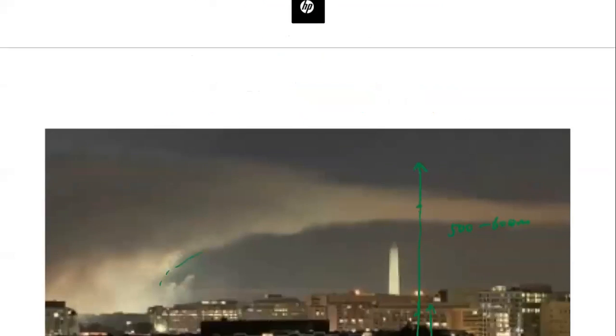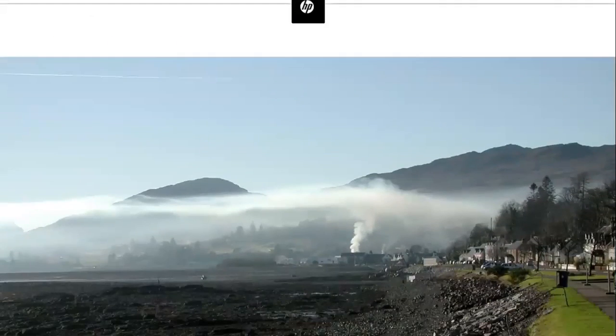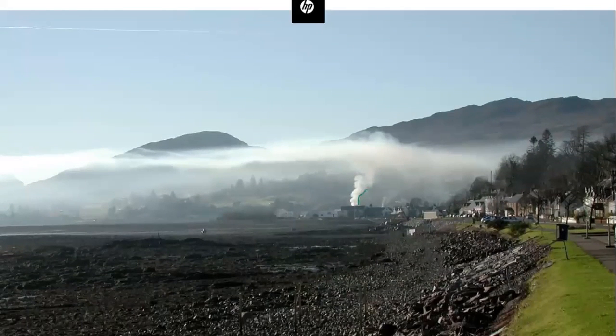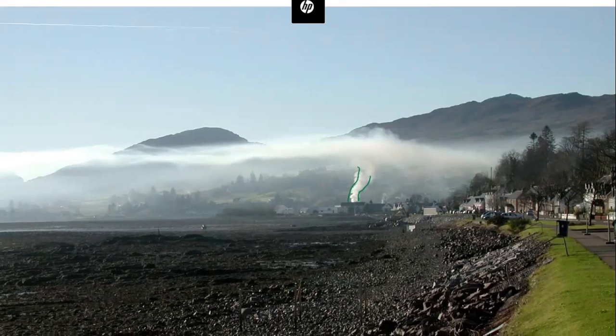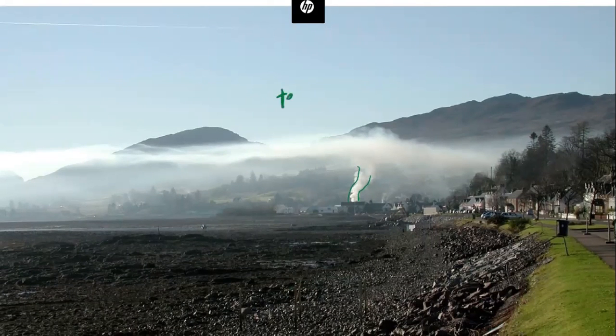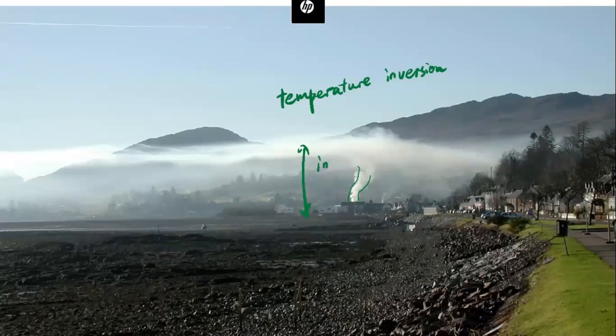So that's why we're also going to create this stable layer. The plume coming out of houses is not going to get dissipated, and all of it is basically trapped in this layer here. We call this the temperature inversion, or this layer here we call the inversion layer.